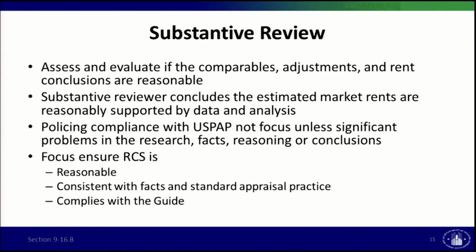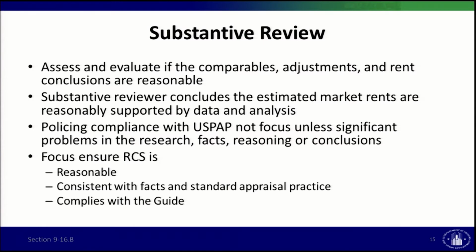You, as a substantive reviewer, must assess and evaluate if the comparables, the adjustments, and the rent conclusions are reasonable. Now, you may not agree with every detail in the RCS, but your eventual approval of the RCS means that you have concluded that the estimated market rents are reasonably supported by data and analysis.